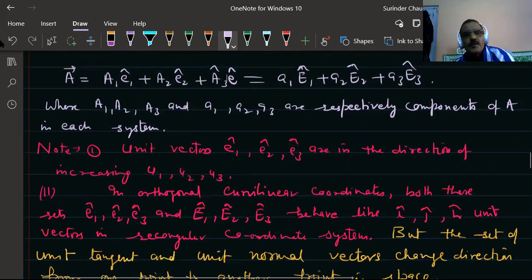Now, what does this mean? The unit vectors small e1, e2, e3 are in the direction of increasing values of u1, u2, u3 respectively.